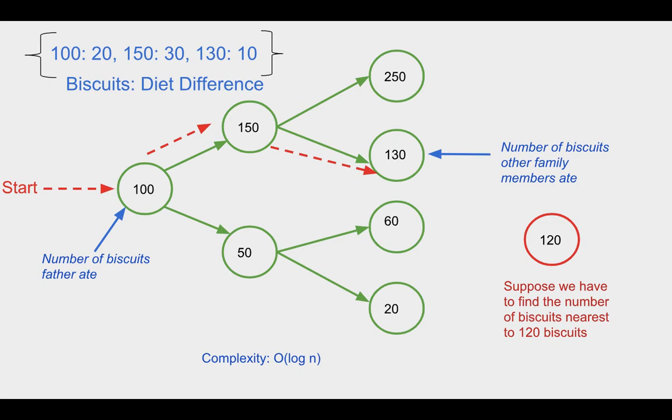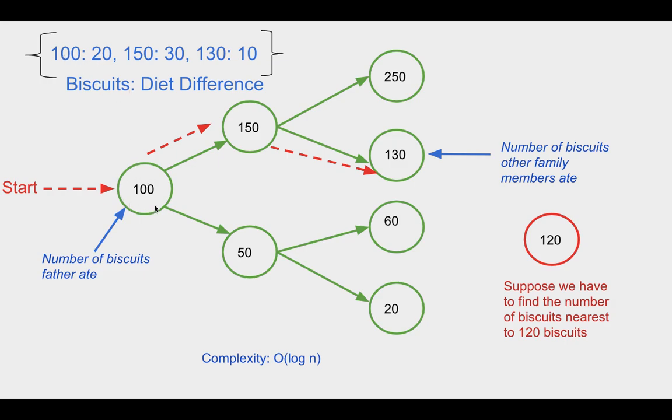Now what are these two things? The biscuits is the number of biscuits in each node. Suppose if you see the first key value pair, this is 100. So 100 is the number of biscuits in the first node, the root node. Now what is 20? 20 is the diet difference.